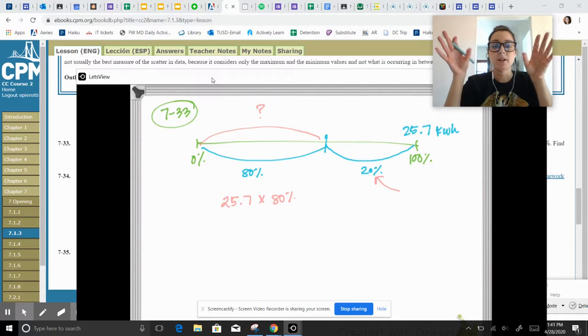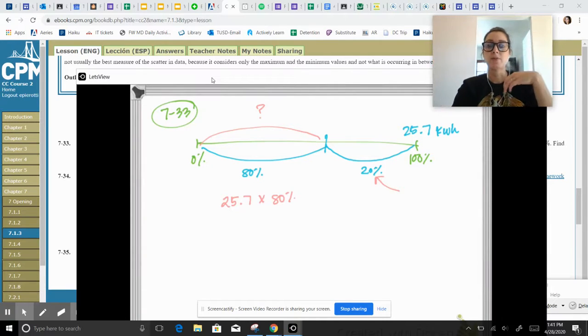So it's easier if you just say, okay, it's 20% off, so I'm going to find 80% of my total. When you have a percent increase or a raise or anything where it's gaining an amount, you're going to multiply by 100% plus whatever it's increasing by. So your multiplier or your scale factor is going to be greater than 1. I hope that helps clear some things up.